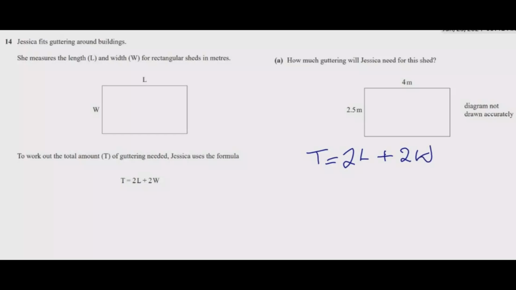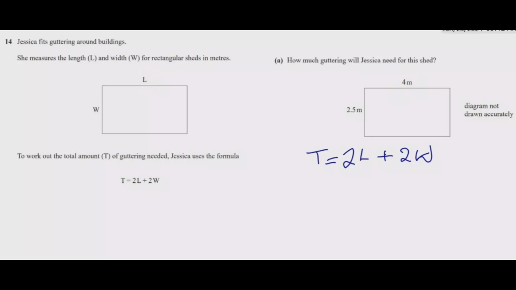W is for width, L is for length. So 2L. In our statement, this is where L is, which makes it length, and width we will come to as we deal with width.